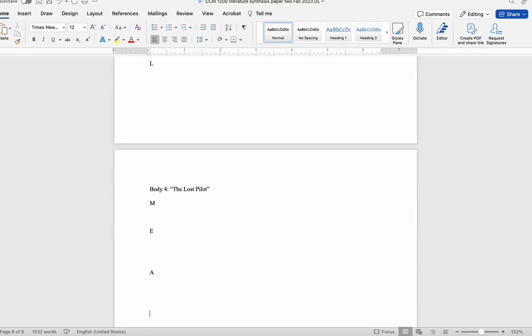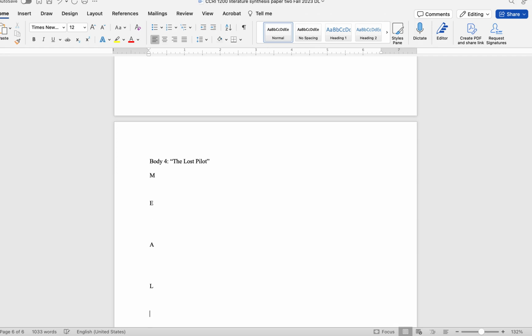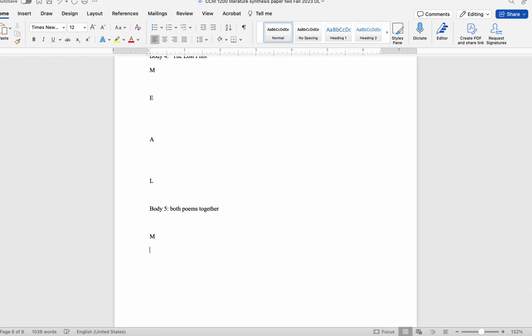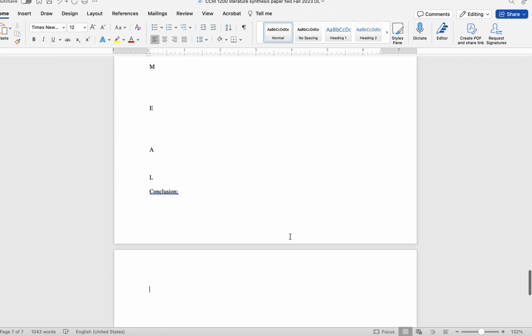Evidence is the quote from the poem, remember. Body 5, both poems together. Tie them both together here, right? What do they both have in common? And then you can move into your conclusion.